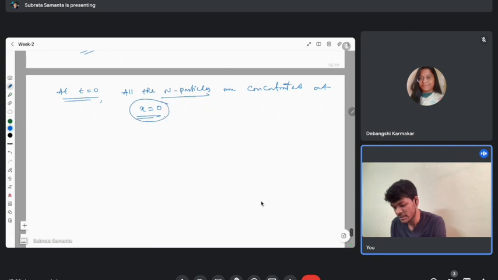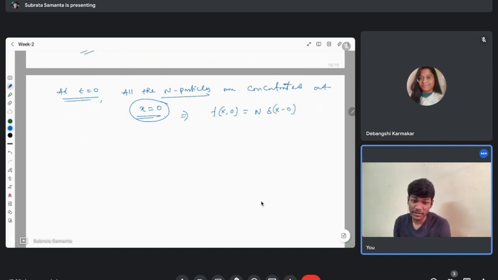So how to write this mathematically? Mathematically there is what is called the delta function. If we write f(x0), it is the total number of particles in delta(x minus 0). The delta function is non-zero only at x equals 0, and for x not equal to 0 it gives 0.